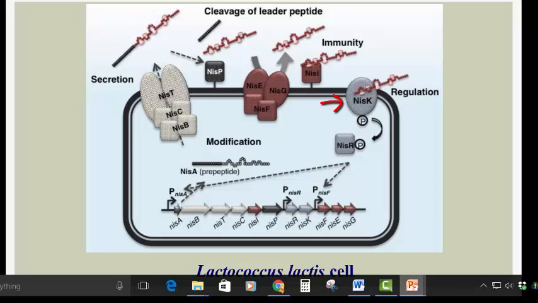The NisK protein senses the nisin-A molecule, causing it to autophosphorylate and subsequently transfer the phosphoryl group to NisR. The phosphorylated NisR then initiates the transcription of the nisin-A gene cluster by activating the promoters.